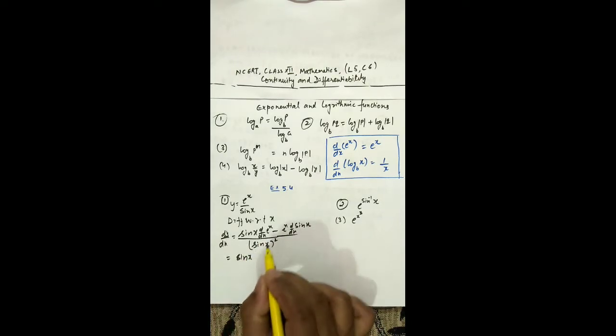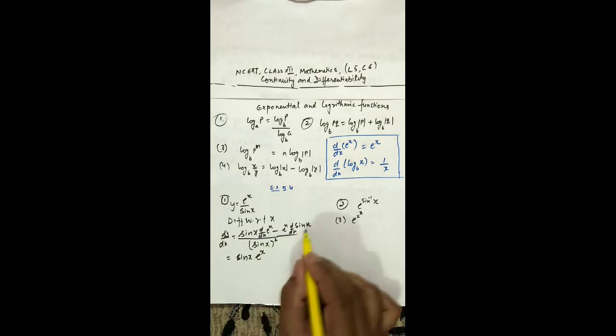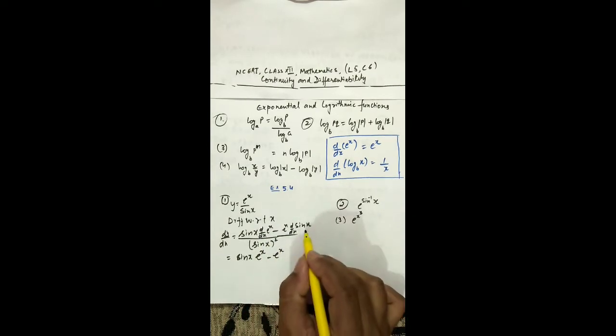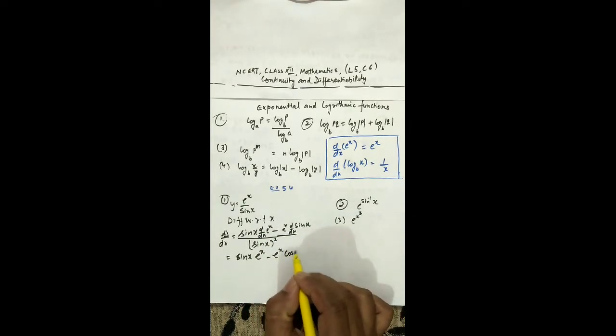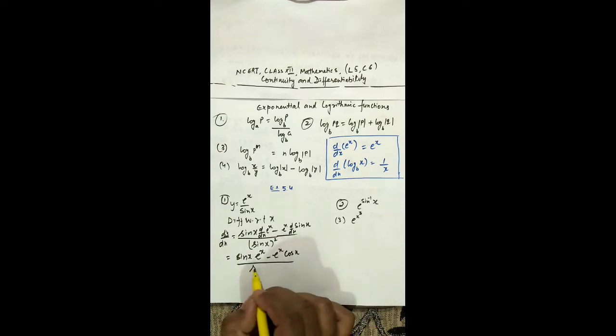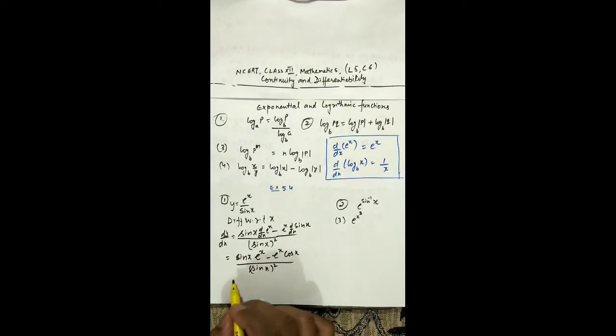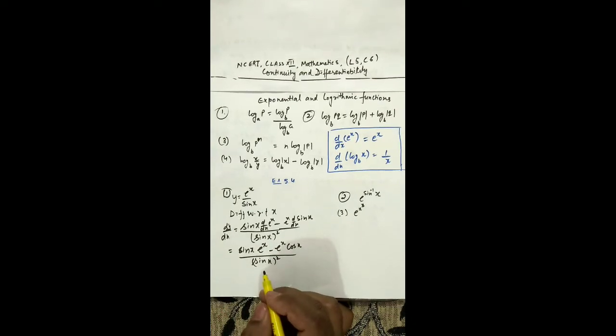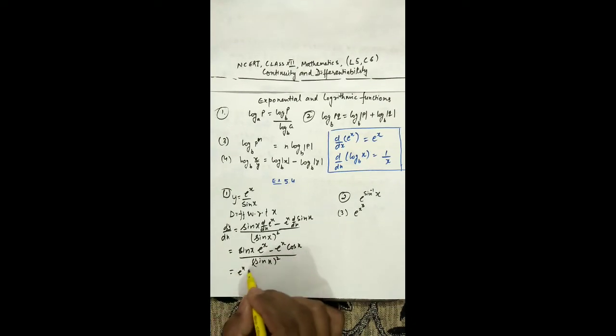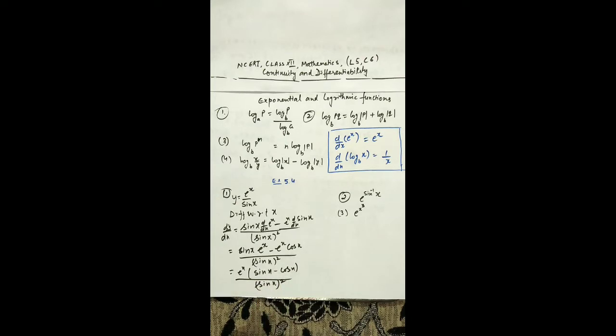The derivative of e^x is e^x, and the derivative of sin x is cos x, upon sin x whole square. You can take e^x common, so it will be e^x times (sin x minus cos x) upon sin x whole square. You can leave the answer in this form.